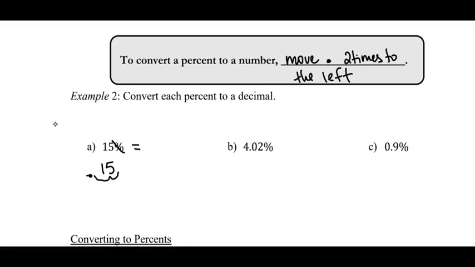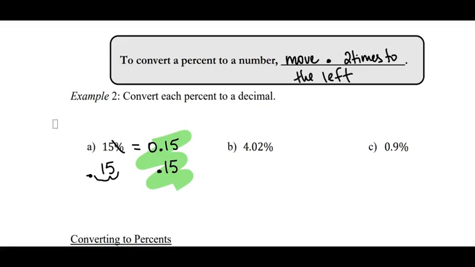So 15% equals 0.15. Some of you do not like to write the leading zero, so you can say .15. Just be very careful when you do your homework, because your homework program might expect that 0 to be put in. So both answers are correct: two ways of writing it, 0.15 or .15.